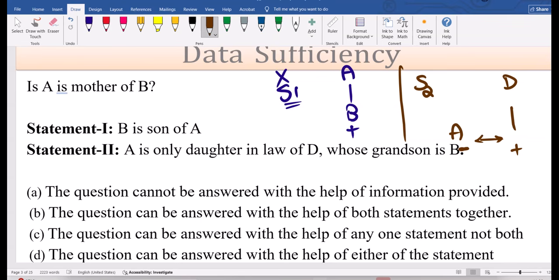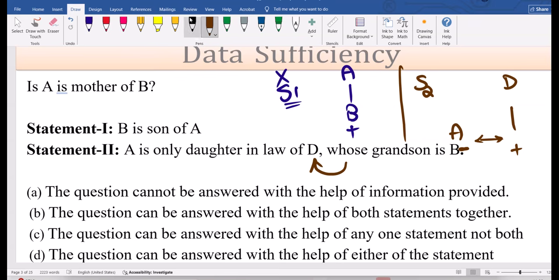D's grandson is B. But now listen, D is having only one child, not mentioned. B is grandson, okay, this is related to D only, fine.